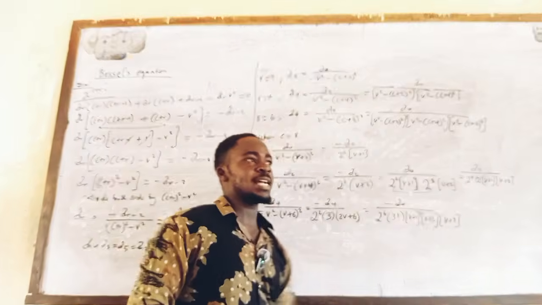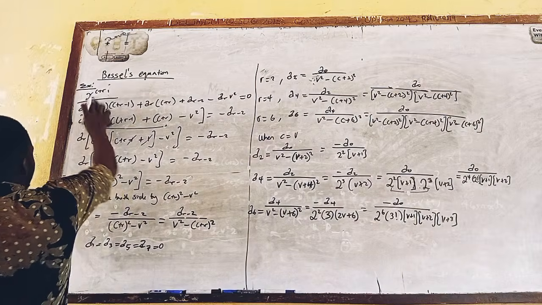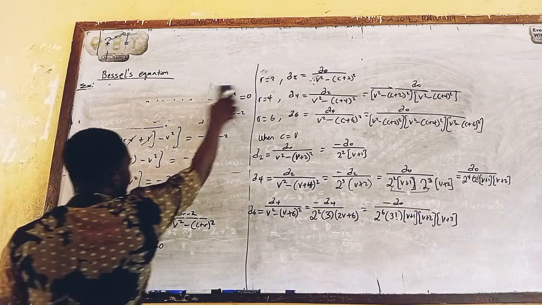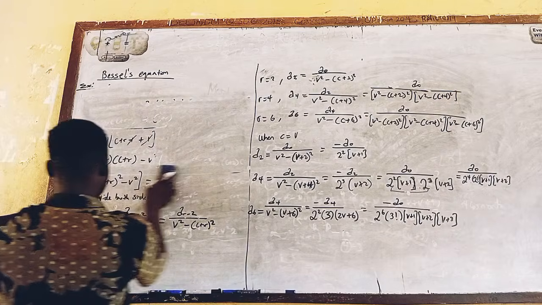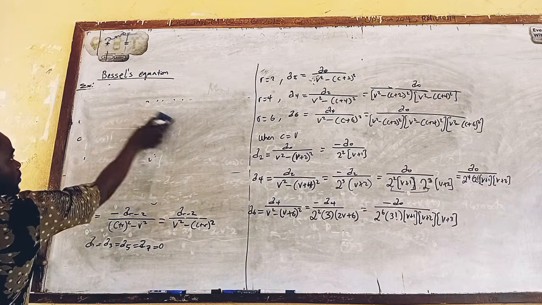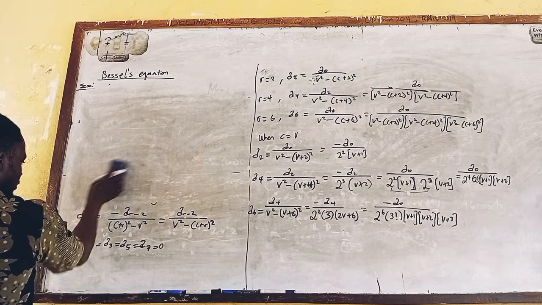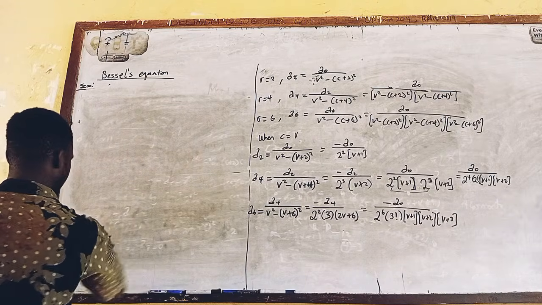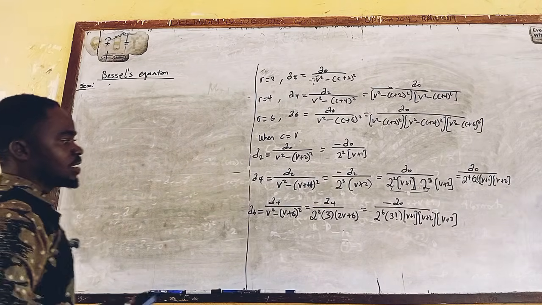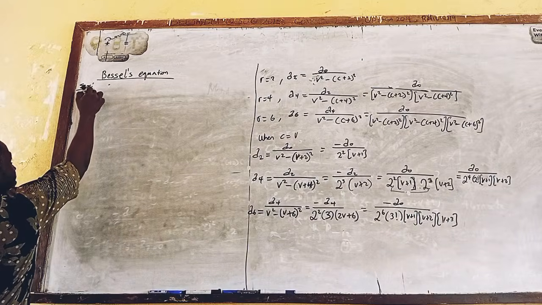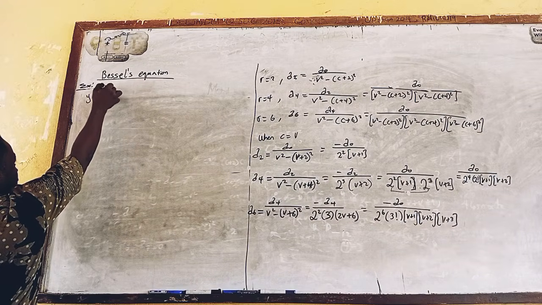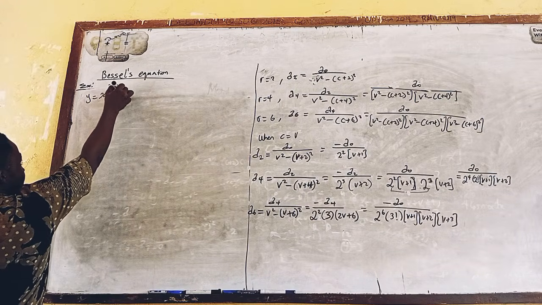So the next thing is to write it back to our equation. We're going to put it back to the equation. So y equals x raised power c, open brackets, a0.